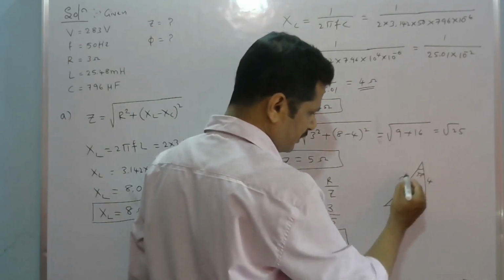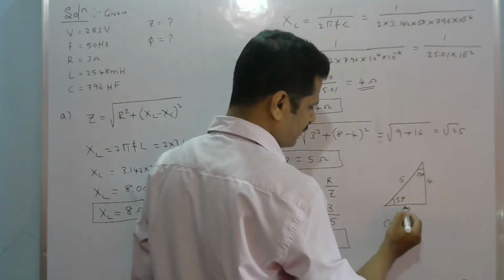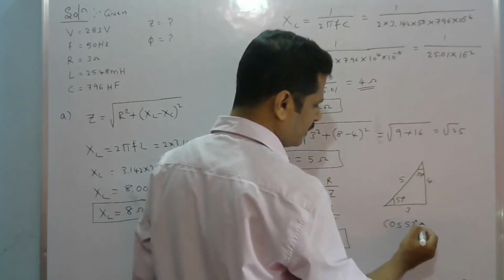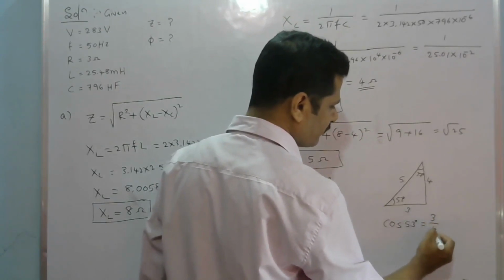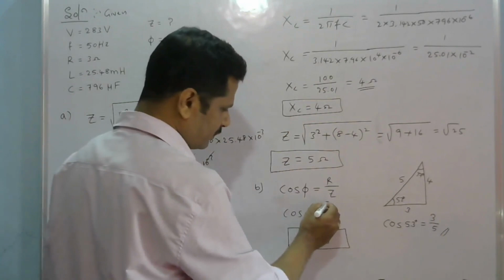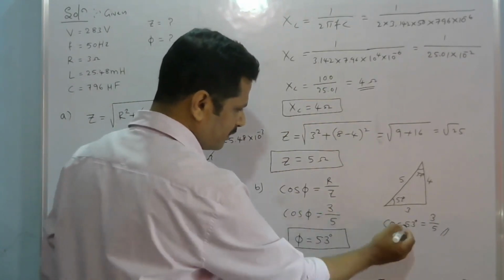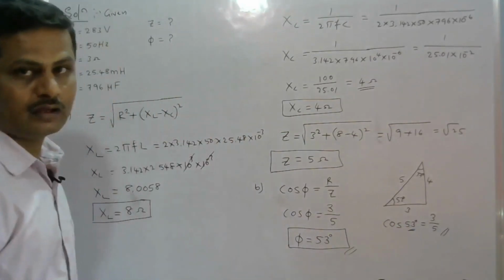Now cos 53 degree equals 3 by 5. So cos 53 equals 3 by 5, and here we got cos psi equals 3 by 5. So we can write psi equals 53 degree. In this way we can get the answer.